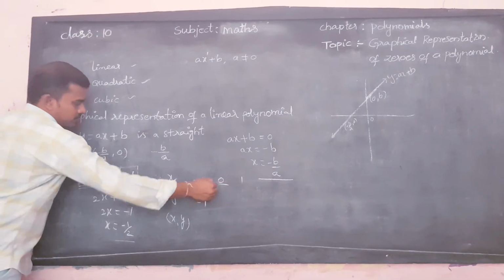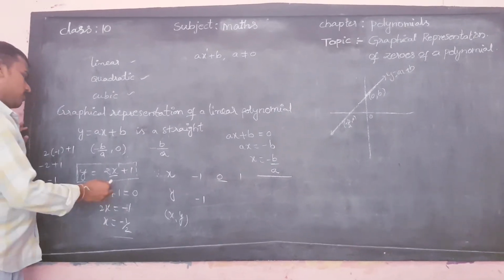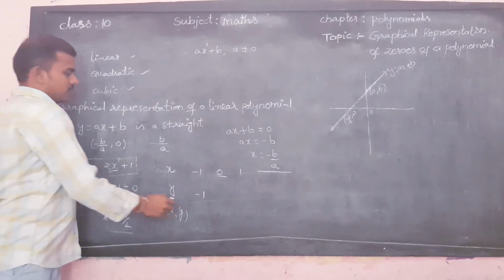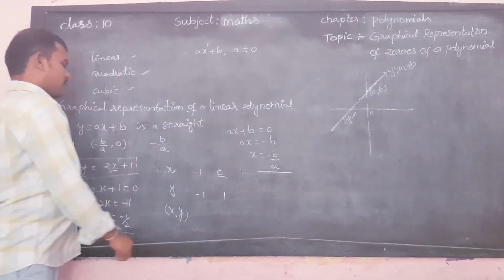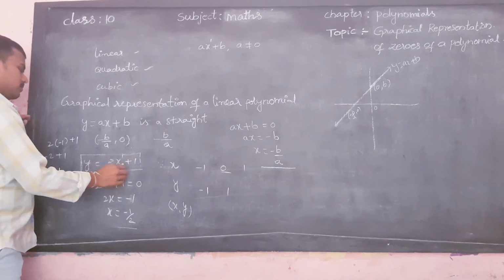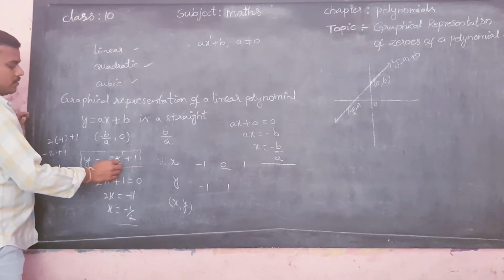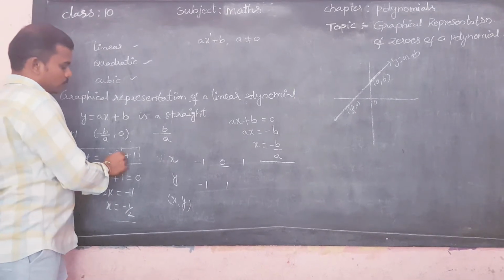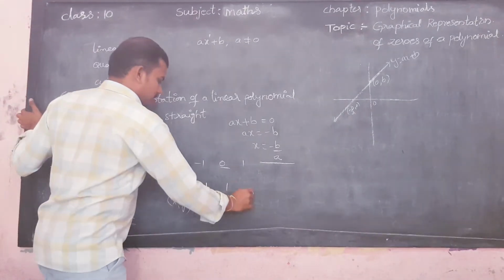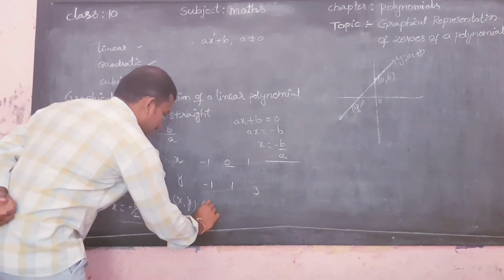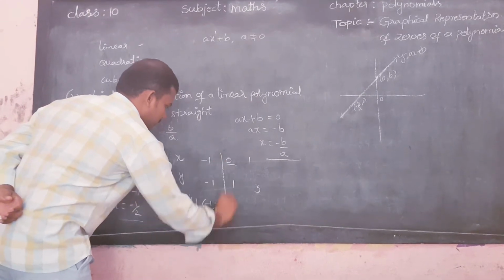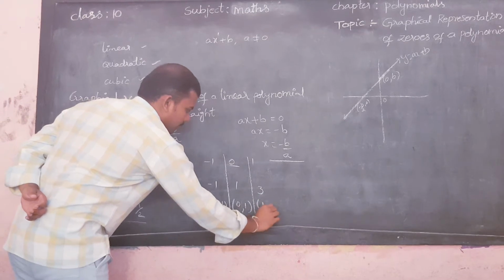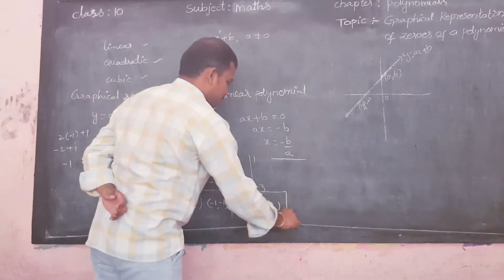Take x value 0: 2 into 0 is 0, plus 1 is 1. Then take x value 1: 2 into 1 is 2, plus 1 is 3. So the pairs are minus 1 comma minus 1, 0 comma 1, and 1 comma 3.